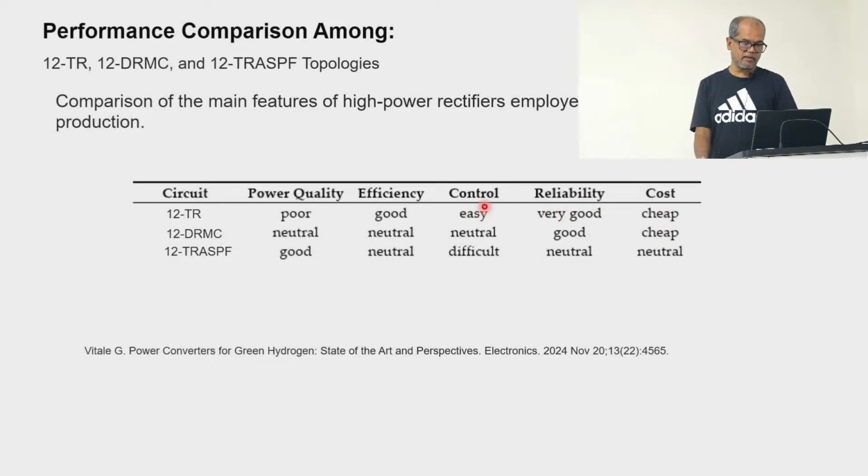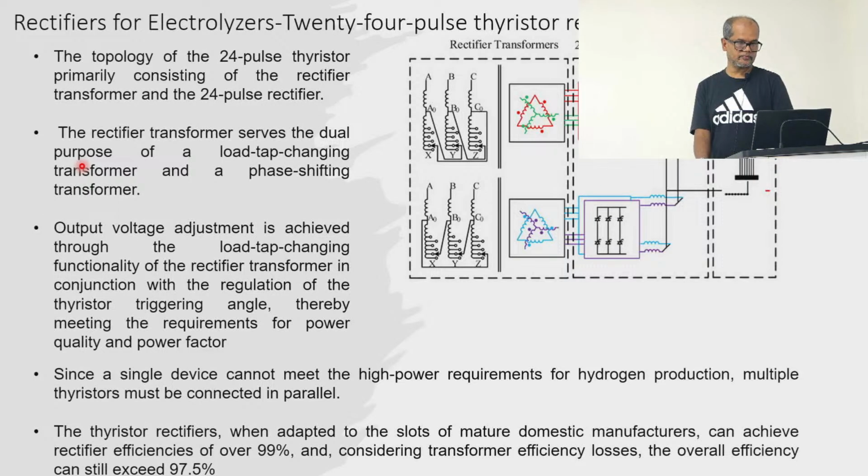But because this is more of an established technology, it might have very good reliability and also good efficiency as well. But in terms of power quality, this is poor. So again, as I say, which parameter is more important for you, based on that, you're going to pick which one is the best solution for a particular project.